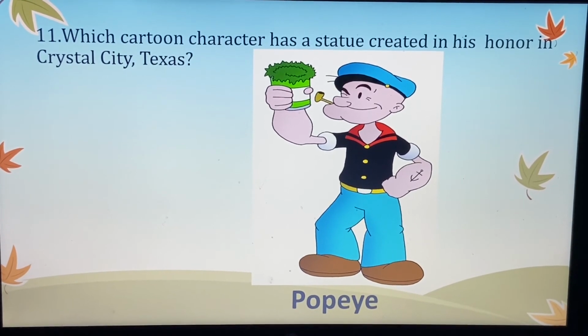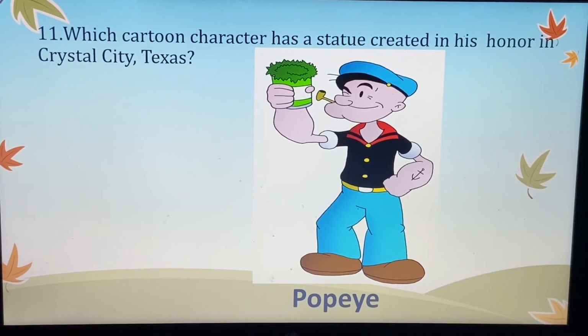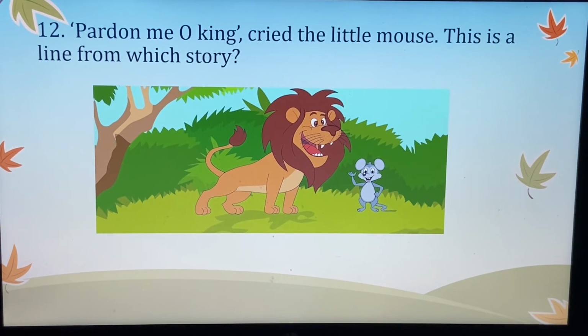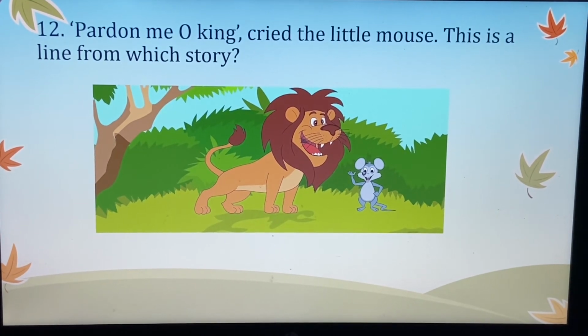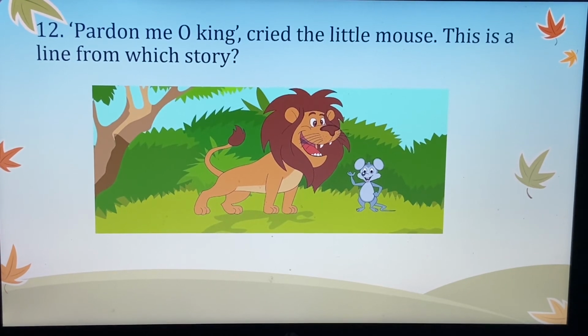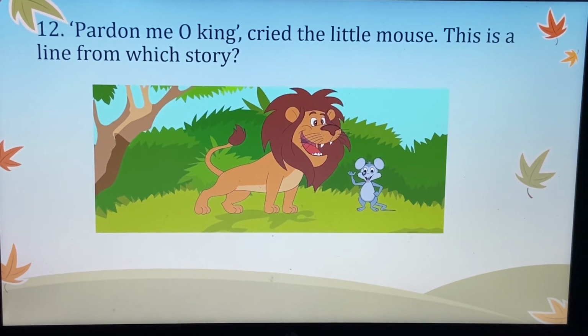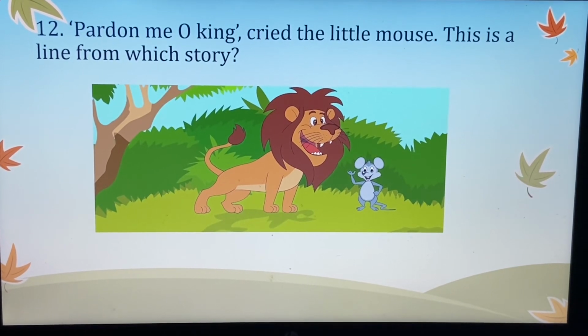Now let's move to the last beautiful famous tale. "Oh, pardon me, O king," cried the little mouse. This is a line from which story? Let's think. I'll repeat the dialogue again. "Pardon me, O king." Pardon me means excuse me. "O king," cried the little mouse.